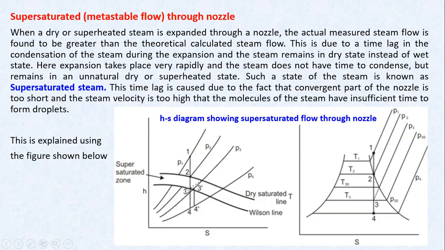But the region between 2 and 3 will not be in thermal equilibrium, and this region is known as the supersaturated zone, where the condensation is delayed from point 2 to 3, because it is not getting sufficient time to condense. The points where the actual condensation occurs are known as the Wilson line. Further after this point, the normal steam state continues.